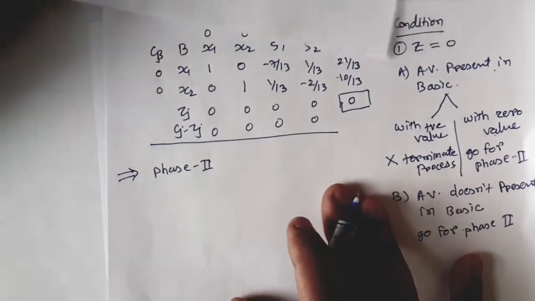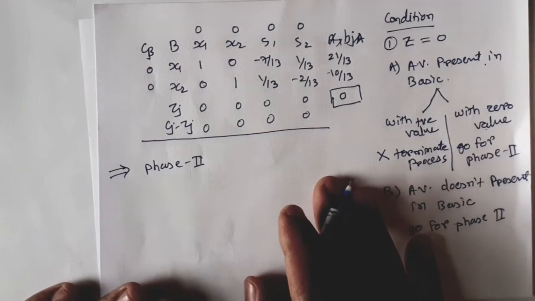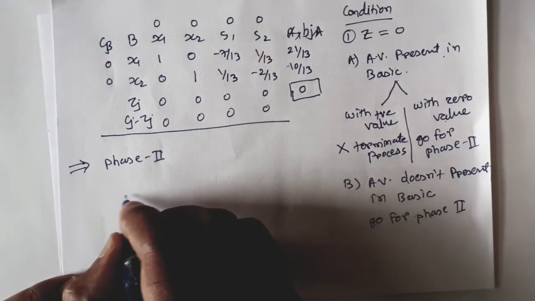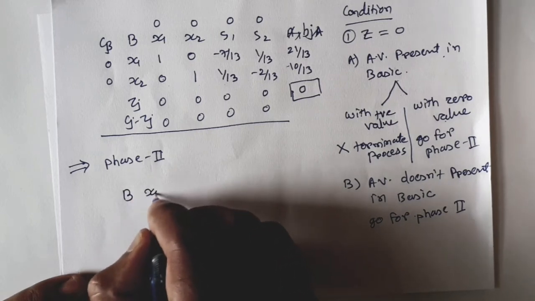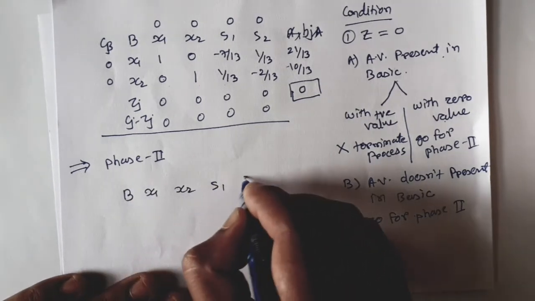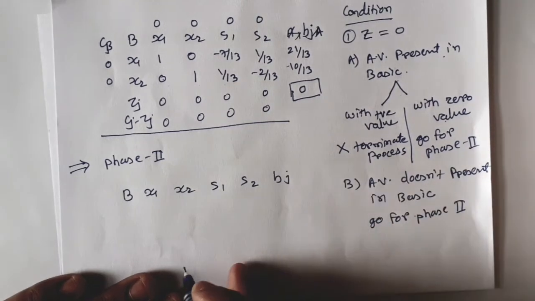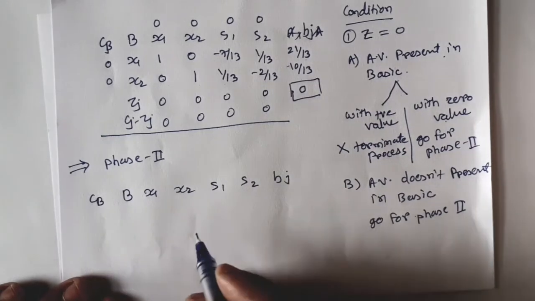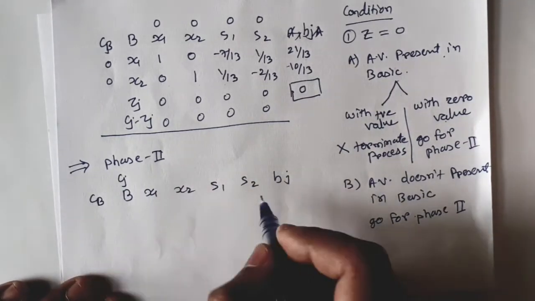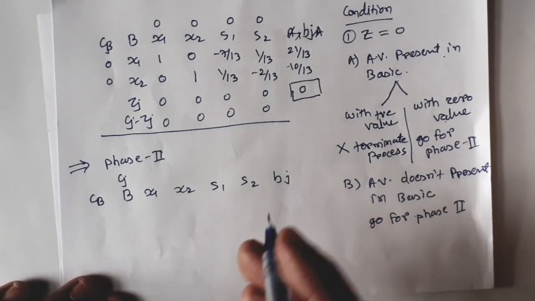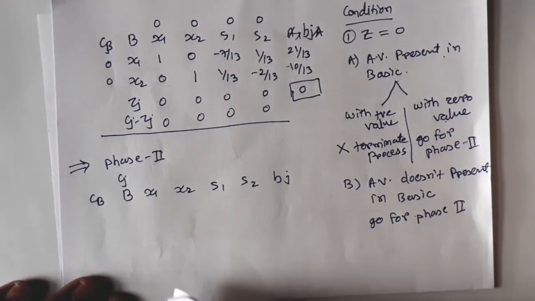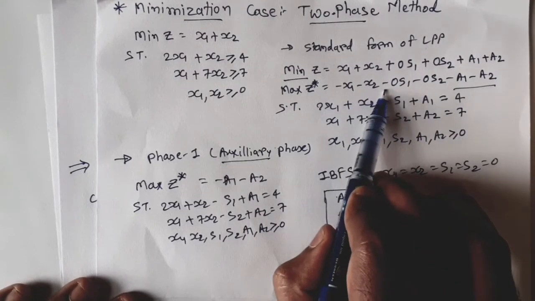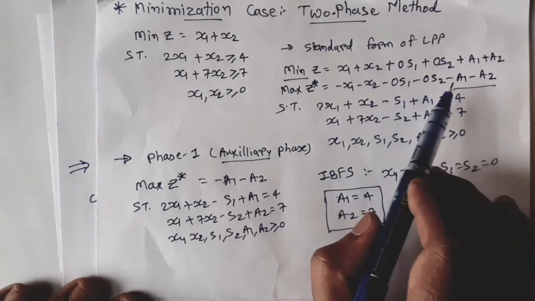Make a table to check for optimality. As per our usual method, first is the basis, then x1, x2, s1, s2, and lastly the bj column. On the left-hand side is the coefficient of the basic variables, and above this row the coefficients of the variables in the objective function. But keep in mind, now our objective function is the original objective function: maximize z star equal to minus x1, minus x2, minus 0 s1, minus 0 s2.